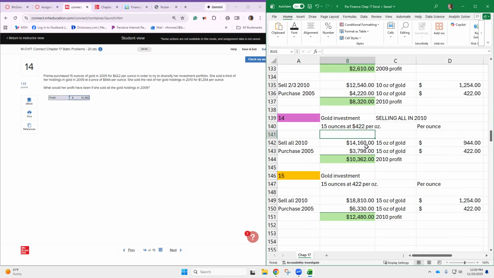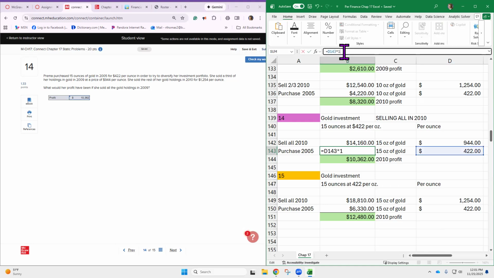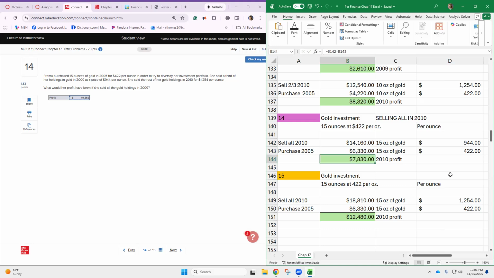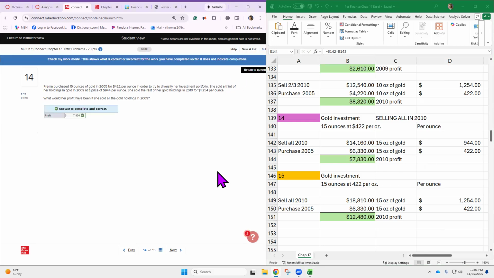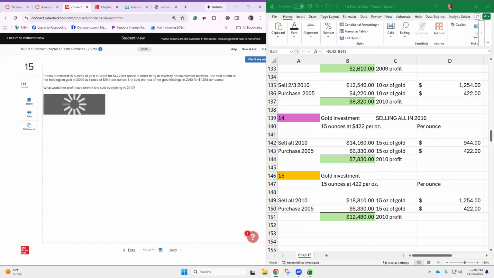Okay, so 15 ounces times 944, which is what the price was in 2009. Here's where I went wrong. So then we take 15 ounces times 422. Profit is 7,830. There we go. 7,830. Now let's do the very last one.